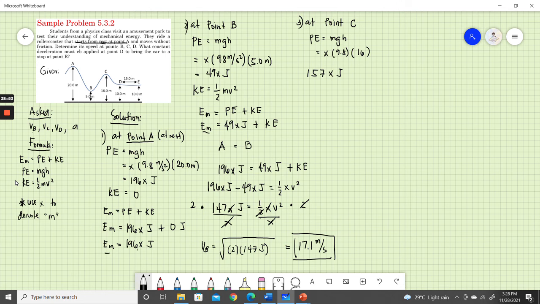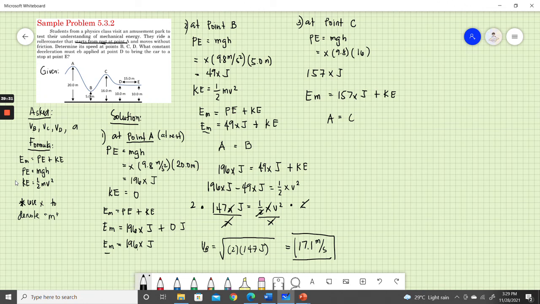Again, for kinetic energy, there's some kinetic energy, so the total system at point C is equal to 157x J plus KE. And again, the system is conserved, so A should be equal to C. The total energy at A should still be equal to the total energy at C. And kung mapapansin nyo, biglang tumaas again yung PE mo, yung potential energy mo, kasi tumaas din yung height mo.